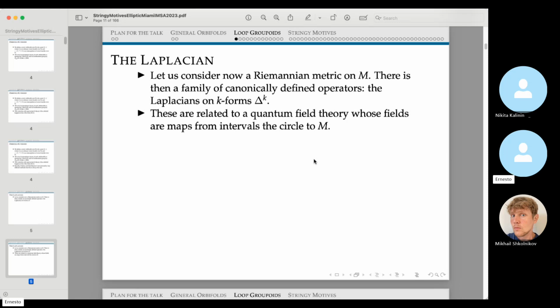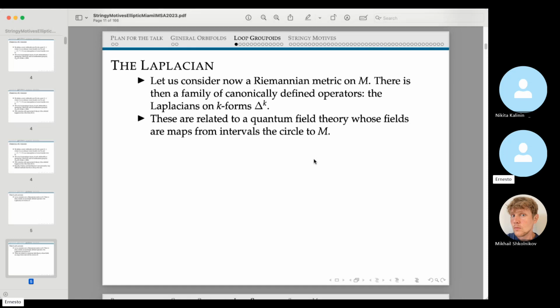That's sort of the space of fields in this theory. You are to think, maybe fancifully, that these maps from intervals to the manifold are paths in this Feynman path integral approach to quantum field theory. So these are the space of histories of a system. You have the space of histories, and the functions on this topological space are things that you want.